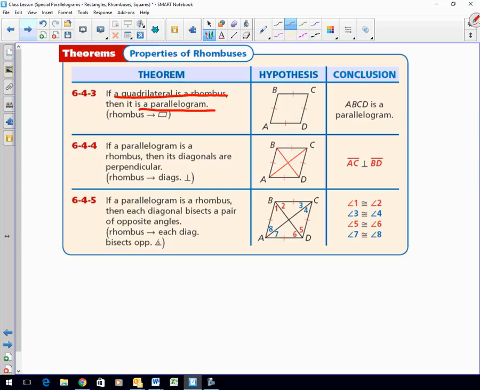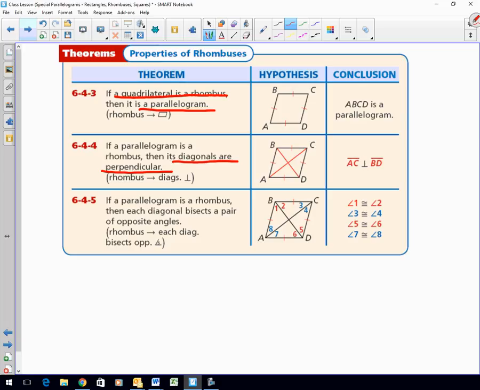But one of the things that we need to understand about a rhombus is this. These diagonals are perpendicular. When I say perpendicular, there should be a little thing that goes off in your head that says right angle, right angle, right angle. But check it out.